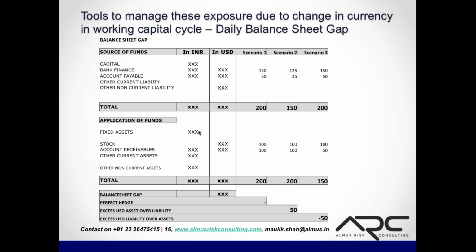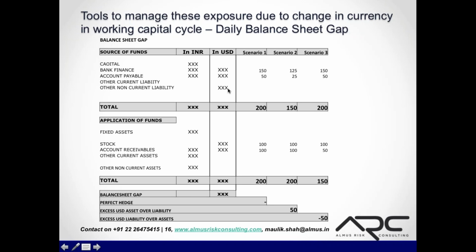To start with, identify the balance sheet gap in dollars. There are columns: the first column shows your balance sheet elements which are in rupees, and the second column shows the elements which are in dollars. As I mentioned earlier, for our industry most of the working capital elements will be in dollars, whether it is bank finance or accounts payable.